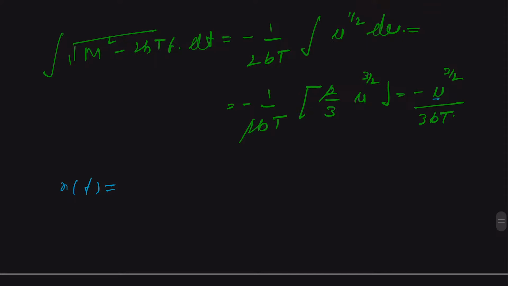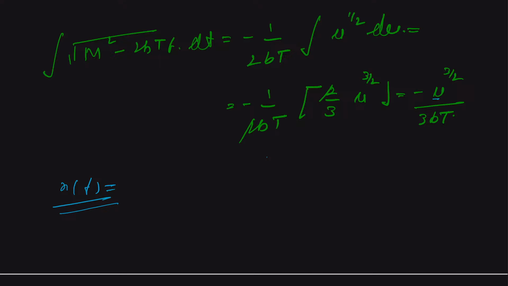So we get minus m² minus 2bt to the power 3 by 2 over 3bt. And this is our x of t. Oh, sorry, I forgot one thing. I forgot the constant of integration. Let me write it again.